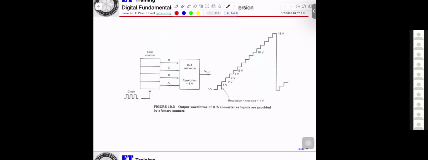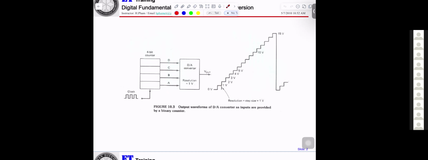You understand 4-bit, the counter can count from 0 up to 15. Inputs A, B, C, D are binary.